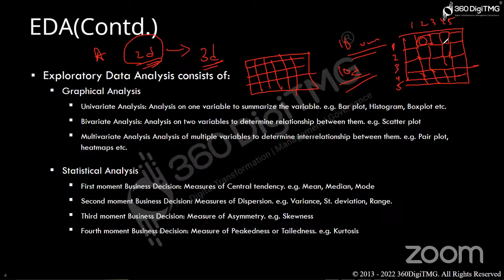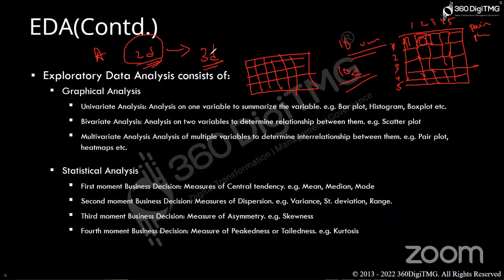There are multiple ways to do this, but suppose we are using a pair plot. This pair plot, with itself, will just show you the histogram, and with the others, it will show you the scatter plot. So how are 1 and 2 related? We can see using the scatter plot. And we already know how to find this relation in a scatter plot, so we'll use that again here.